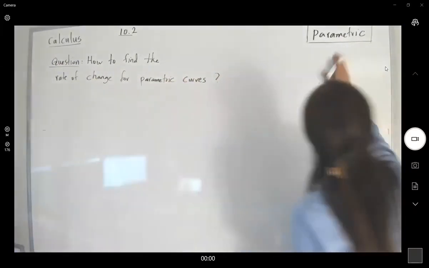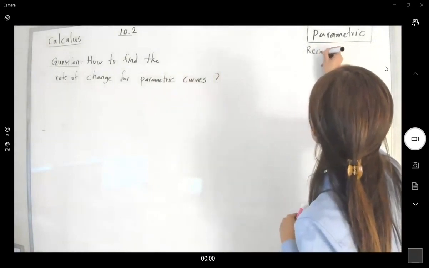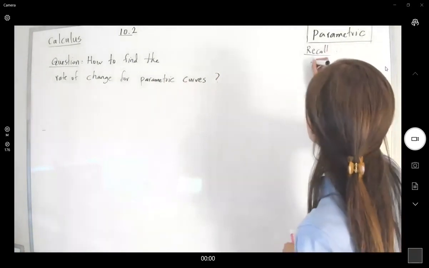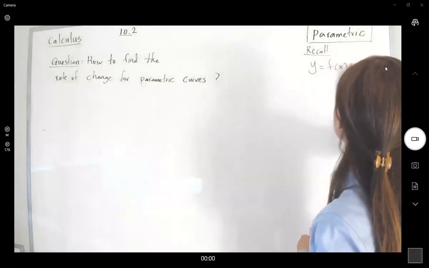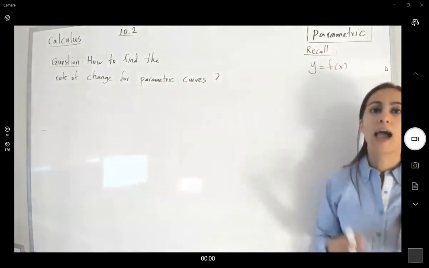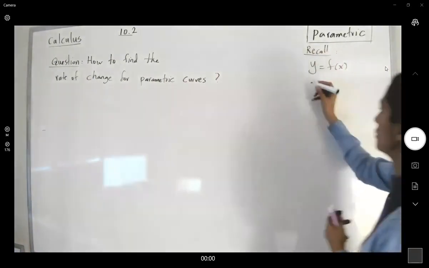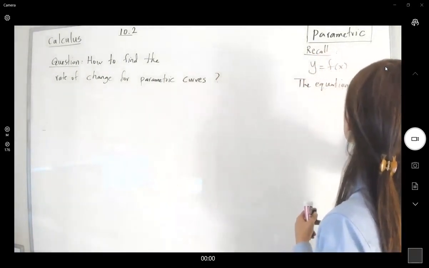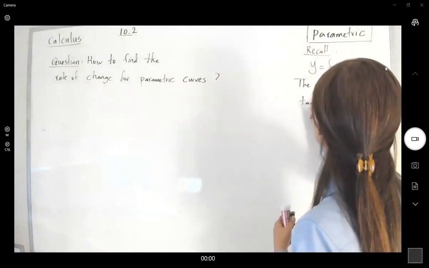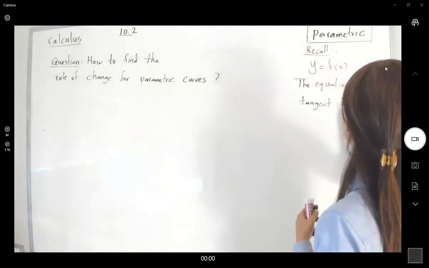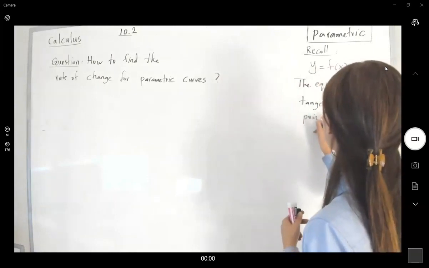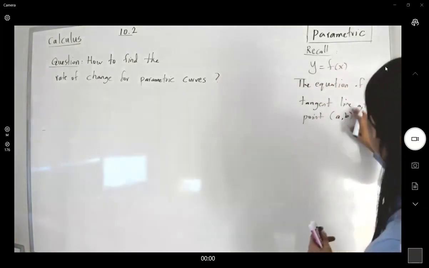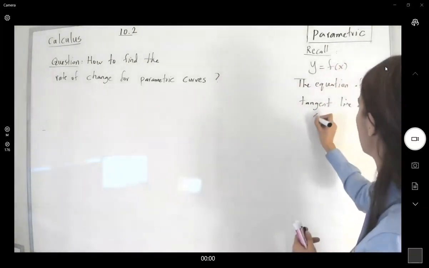Remember that in elementary calculus, we learned that if we have y equals f of x, we can find the equation of the tangent line at a point, at a number. Let's write it at x equals a.